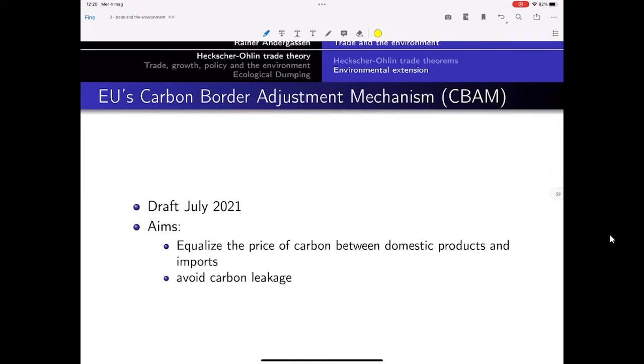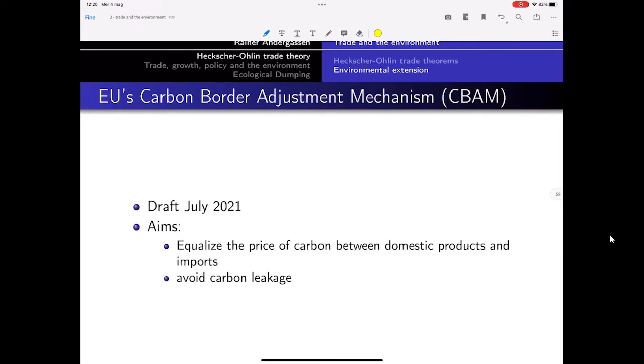So what I would like to do now is shift to policies that are in place or are going to be in place. In particular, as I already mentioned, I would like to talk about two things. One is the EU border adjustment mechanism, which is a proposal yet.